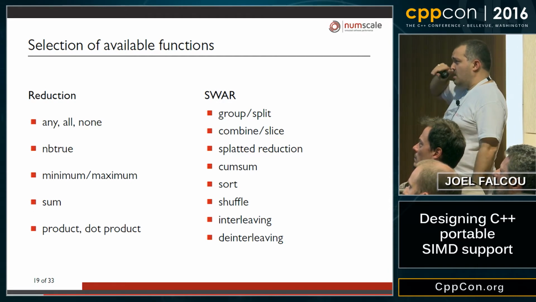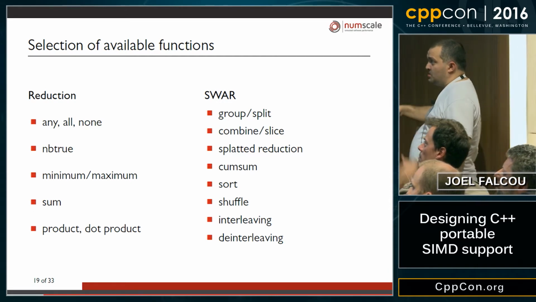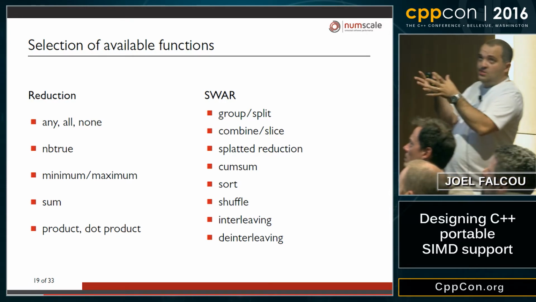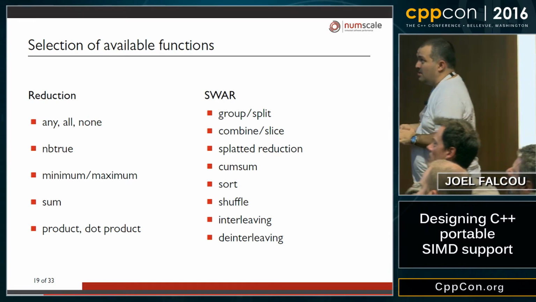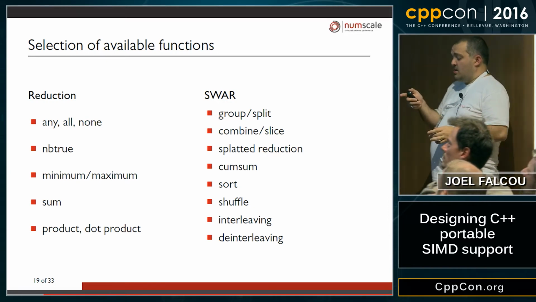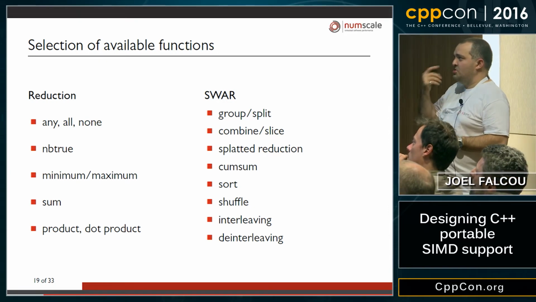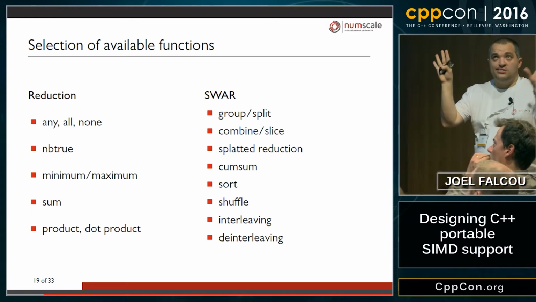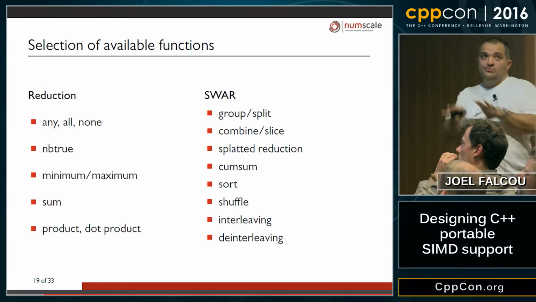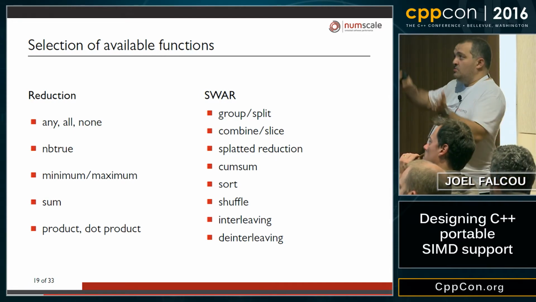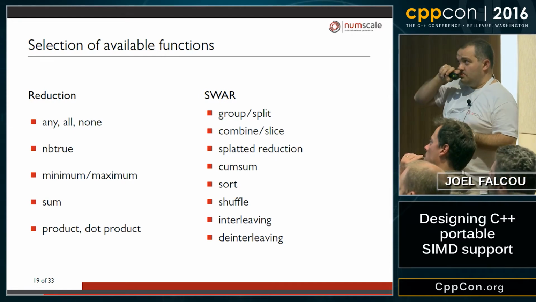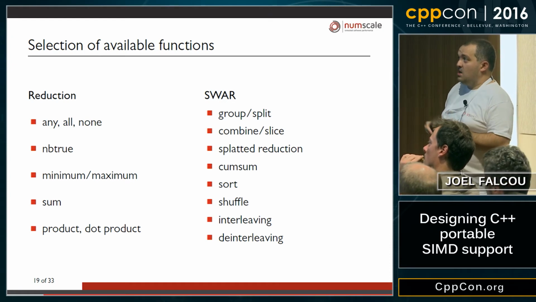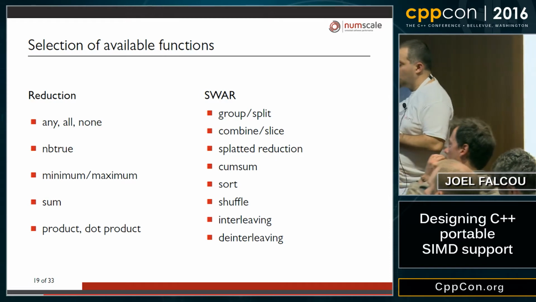And we have a large subset of functions that deal with what we call the swap operation, which is manipulating the data inside the vector, including the very helpful shuffle function and stuff like group, split and combine, slice that can slice or aggregate vectors of a given size to give you bigger or smaller vectors, keeping or not the output width.